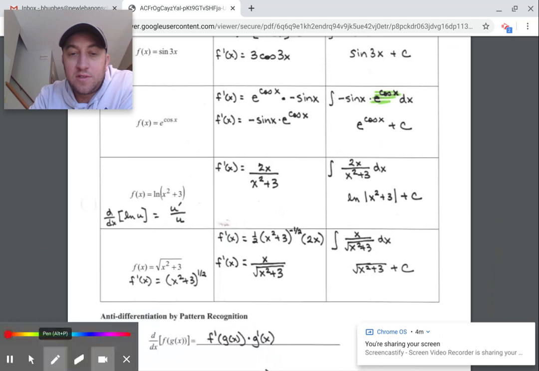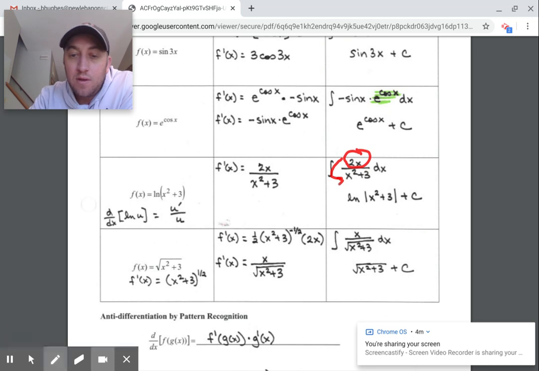So if I had the integral of 2x over x squared plus 3, I noticed that 2x is the derivative of the bottom, which is working backwards from the natural log. And I have put the absolute value in there because I know that we cannot be taking the natural log of a negative number. So it's still going to have to be positive. So I need to make sure I put absolute value bars in there just to say that it's going to be positive.